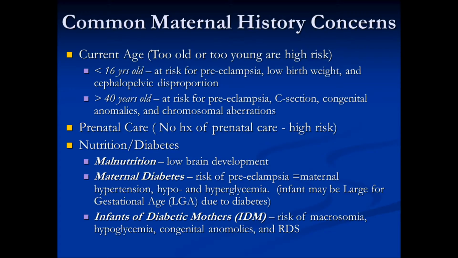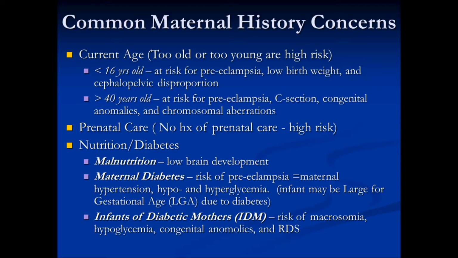If mom is malnourished, then the baby obviously will be malnourished and therefore may have low brain development. If mom develops maternal diabetes, then it puts them at high risk for preeclampsia. I already mentioned that means maternal hypertension. You could also end up with hypo or hyperglycemia.